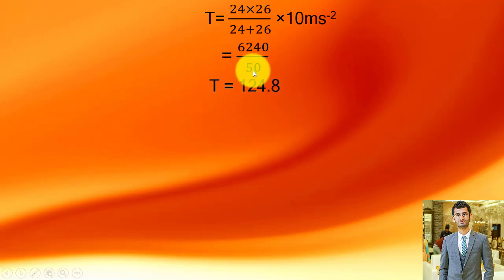By solving this, we get T is equal to 124.8, which is approximately equal to 125 Newton. And this is the value of tension in the string.